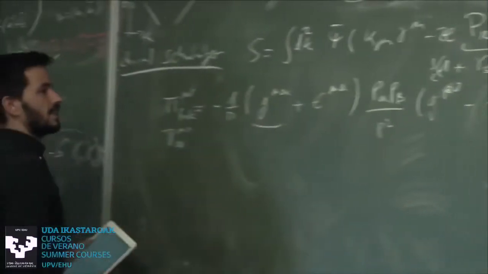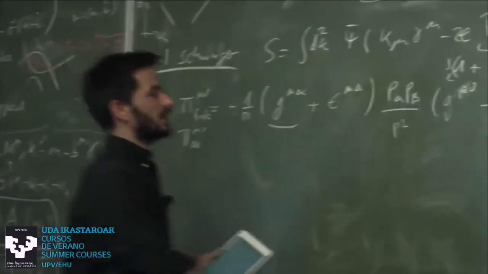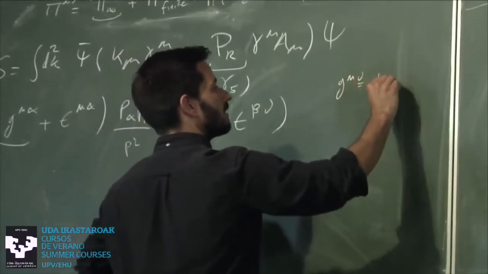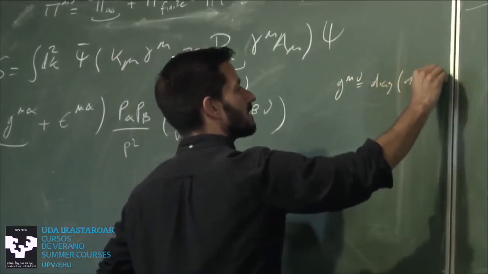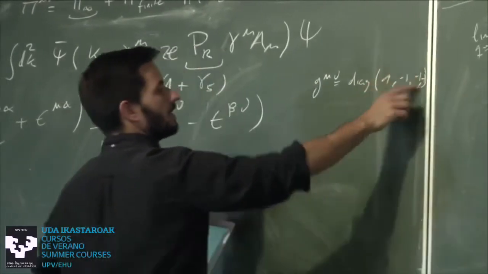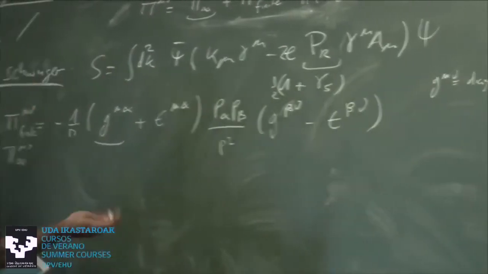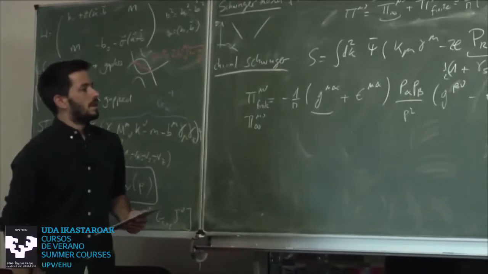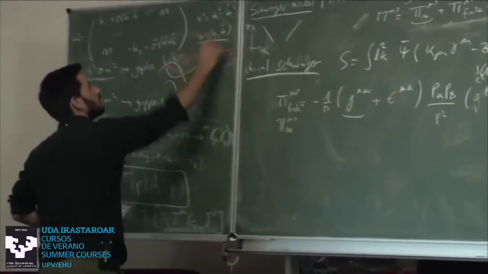I didn't actually say yesterday what this was: it's just a metric. It's a diagonal matrix that I chose with this signature, a bunch of minus 1s and then 3 minus 1s, just defining the product of two 4-vectors.